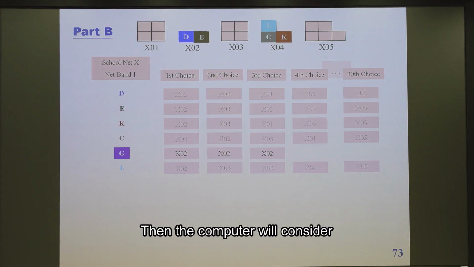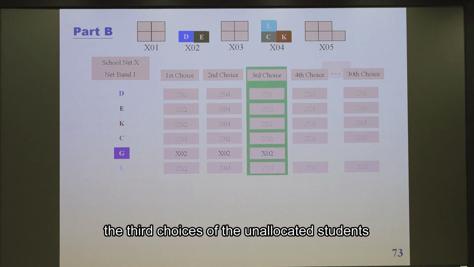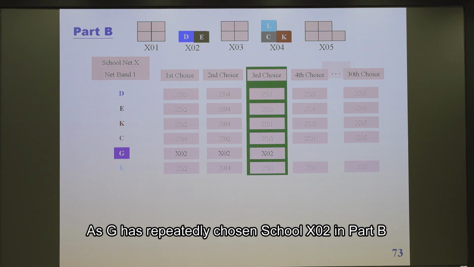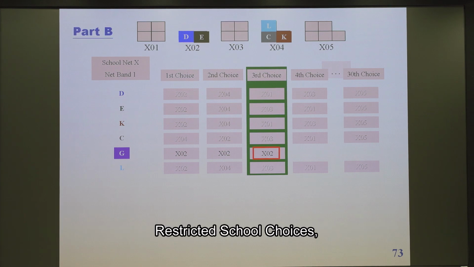Then the computer will consider the third choices of the unallocated students. As G has repeatedly chosen school X02 in Part B, restricted school choices, by the same token, the choice of G could not be acceded to as school X02 is already full.